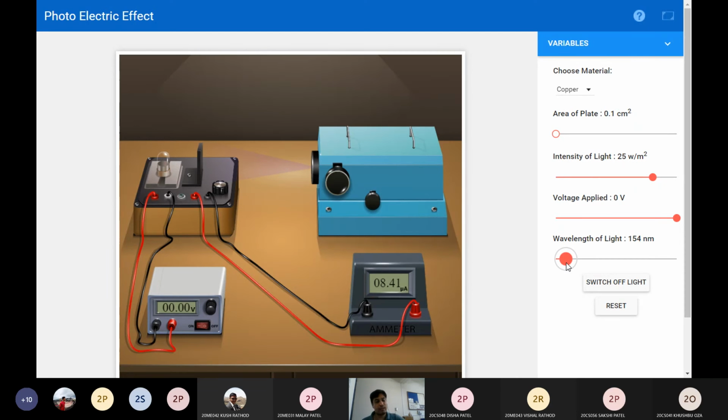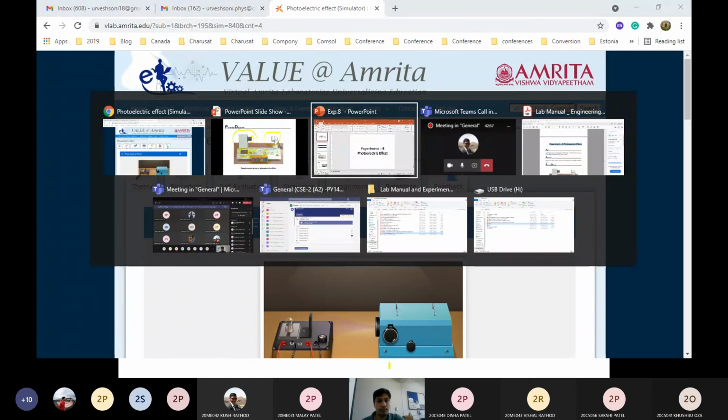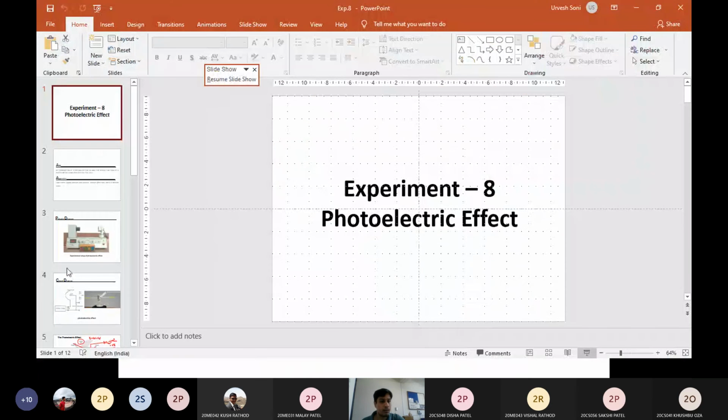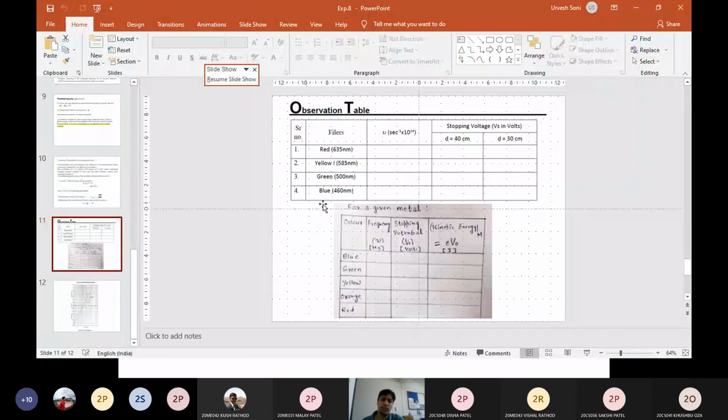So for the calculation purpose we can write down the frequency as per our requirement.